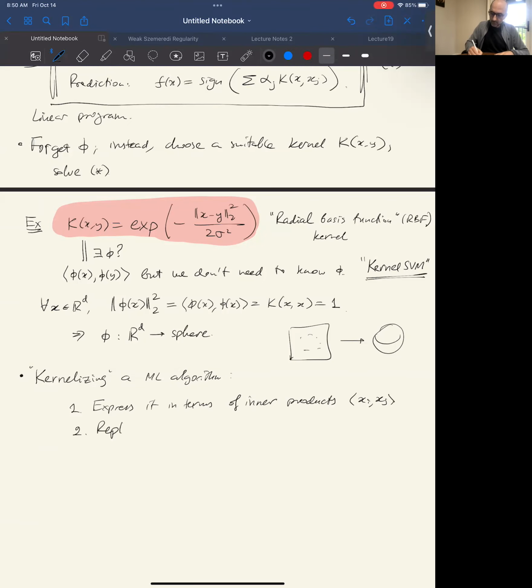Second, we replace all instances of this inner product by a kernel, k of x, y, for a suitable choice of the kernel.